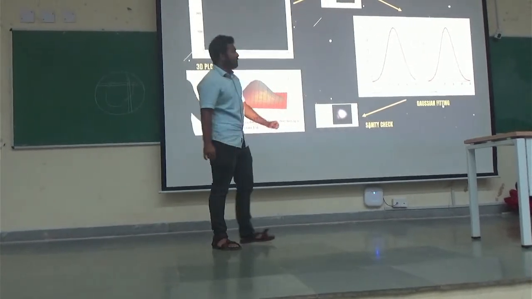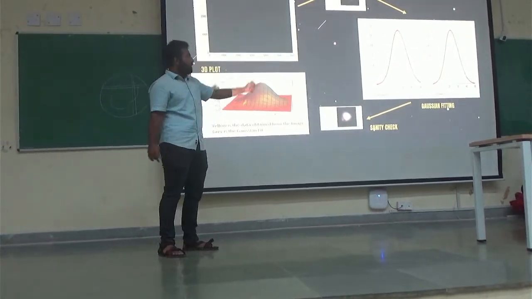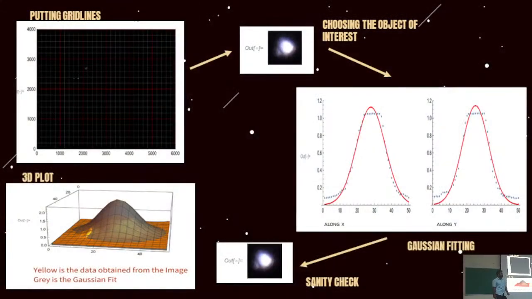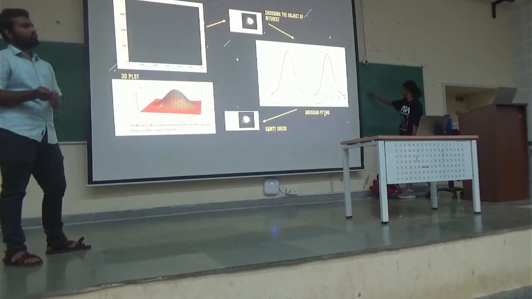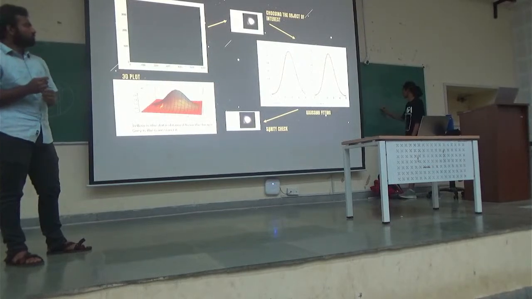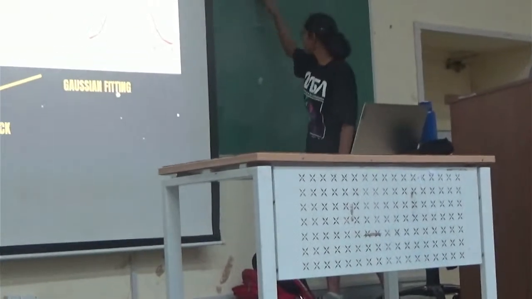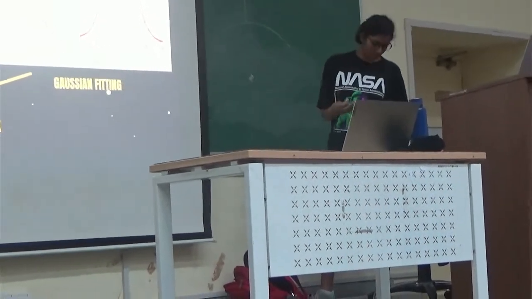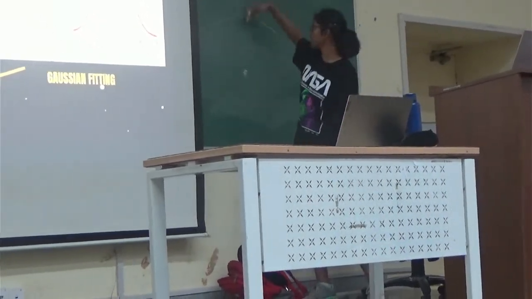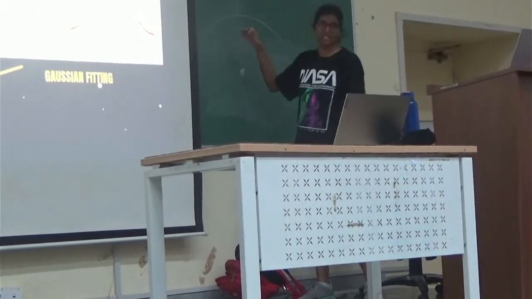Now, we chose to fit a Gaussian to whatever data we have. The reason we chose to fit a Gaussian is, for example, say this is my Earth and I'm looking through my telescope. The light rays come down parallel to each other, and then they scatter randomly.